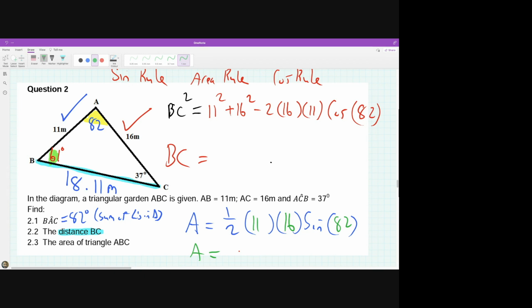A half times 11 times 16 times the sine of 82. You should be getting 87.14 meters squared.